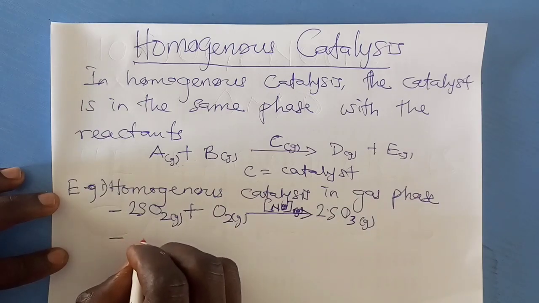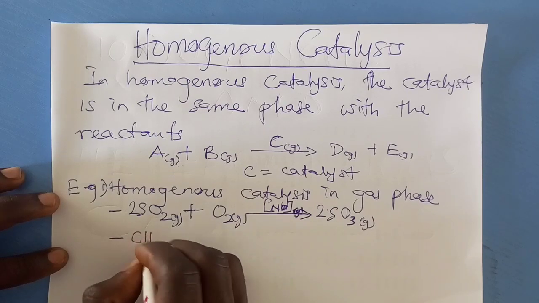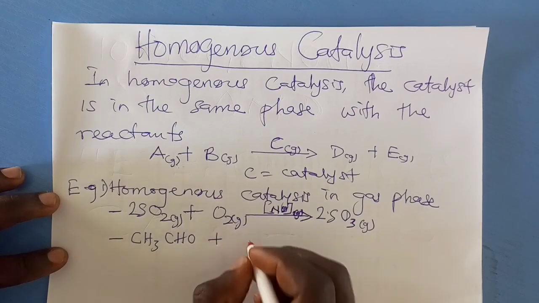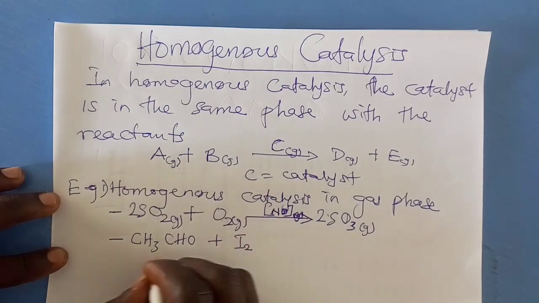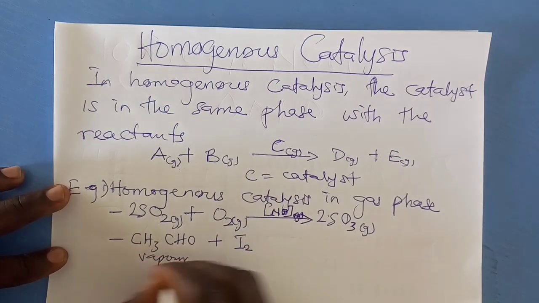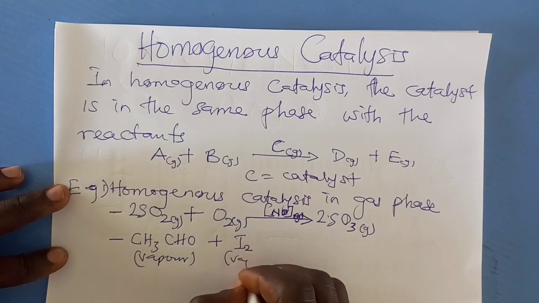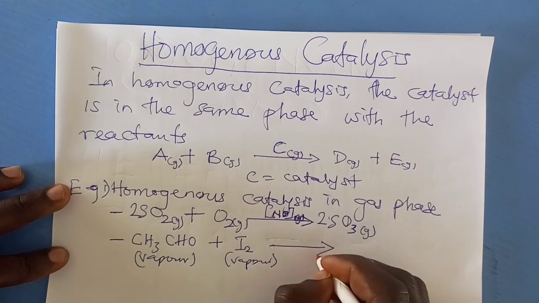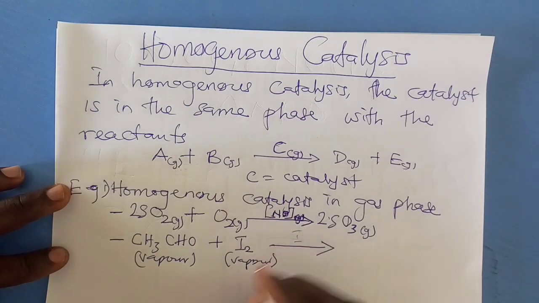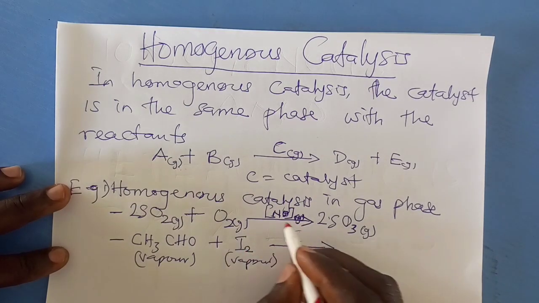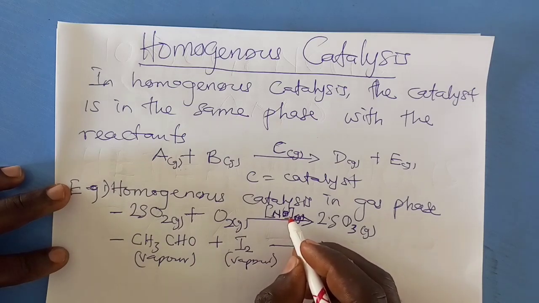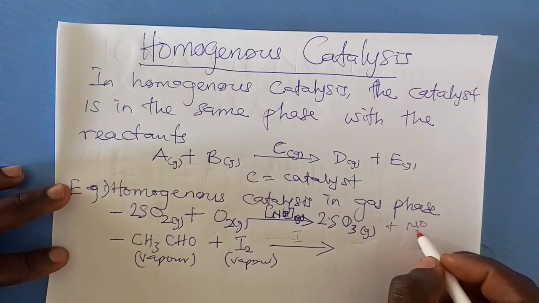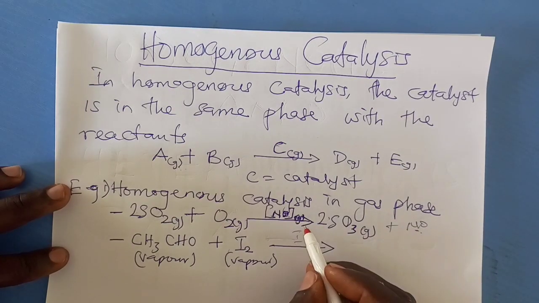Another example is a vapor of ethanol or acetaldehyde, with iodine vapor acting as a catalyst, to give methane gas plus carbon monoxide. Remember, the nitrogen(II) oxide acting as a catalyst earlier can also come out with the product. This tells you it is a catalyst because it is not consumed in the reaction.